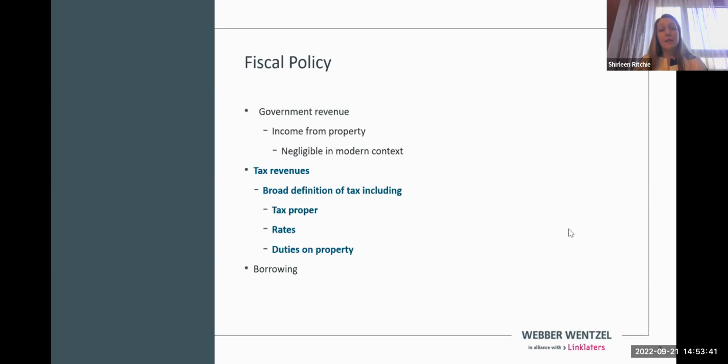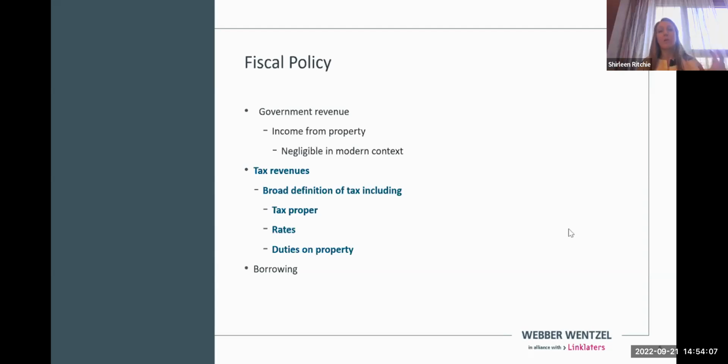Fiscal policy, as I mentioned, determines government revenue. That includes income from property, which is negligible in the modern context, but tax revenues are an important source of government income, and to the extent that you can effectively raise tax revenue, you can reduce the borrowing in global markets that any particular government has to do.